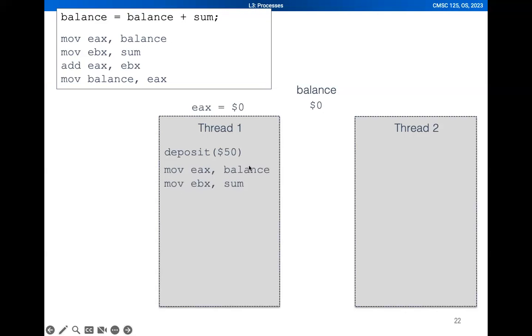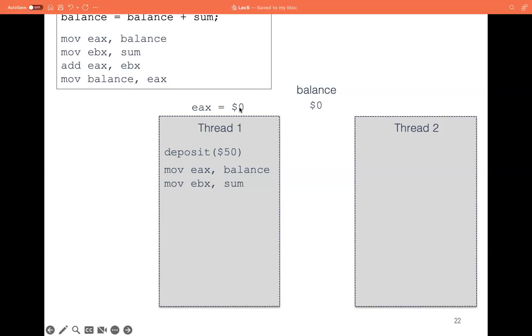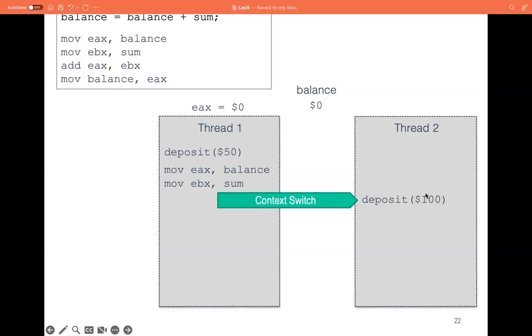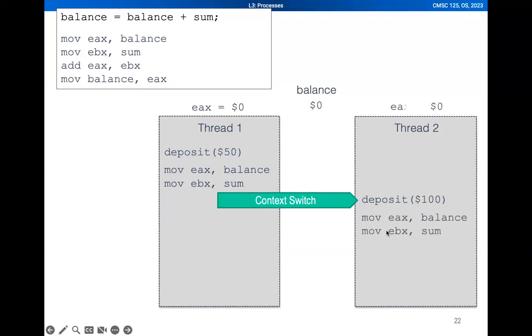So it moves balance to EAX and sum to EBX. At this point, EAX is still 0. Then context switch, and thread 2 wants to deposit $100, and it will also perform the same code.